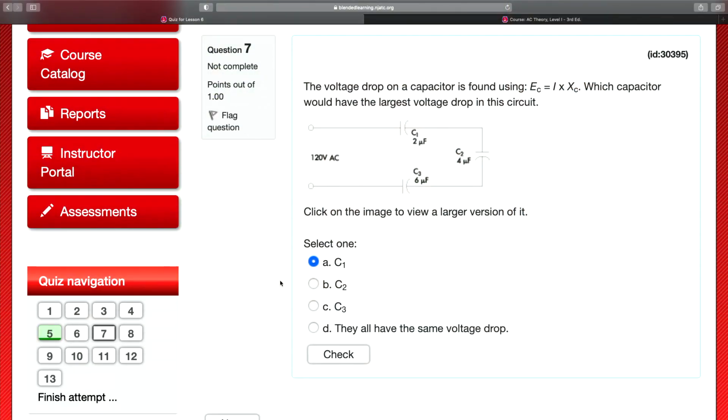So if we just want to know which capacitor has the largest voltage drop, well, you can see I already selected an answer on take 1 of this short video. And what I'd like to do is go ahead and prove this, that the lowest value capacitor is going to have more capacitive reactance than the higher value capacitor.